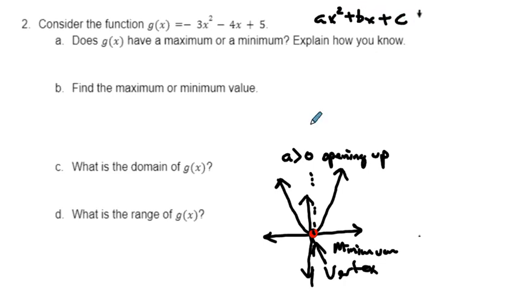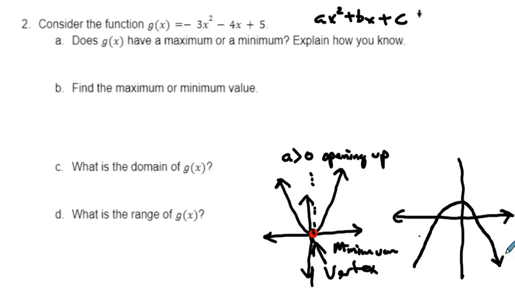If it is positive, you know that your parabola is going to open up. Then the vertex is going to be the minimum point. The y-coordinate of the vertex is the minimum, because your y-coordinate tells you the height of things.